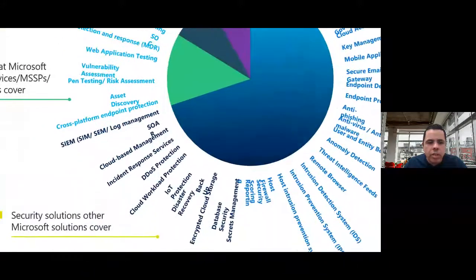And then there are the solutions that still come from Microsoft that integrate with these other solutions that are part of that E5 stack, such as encrypted cloud storage, database security, Sentinel for cloud-based SIEM, which we'll talk about a little bit later, and security orchestration, automation, and response as part of the threat hunting capabilities of Sentinel, as an example, and a few others.